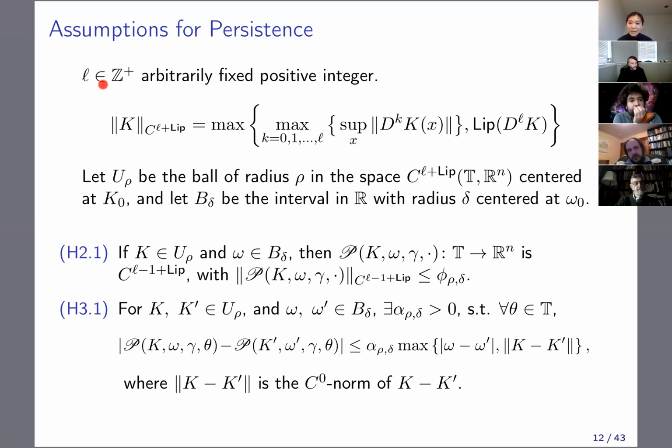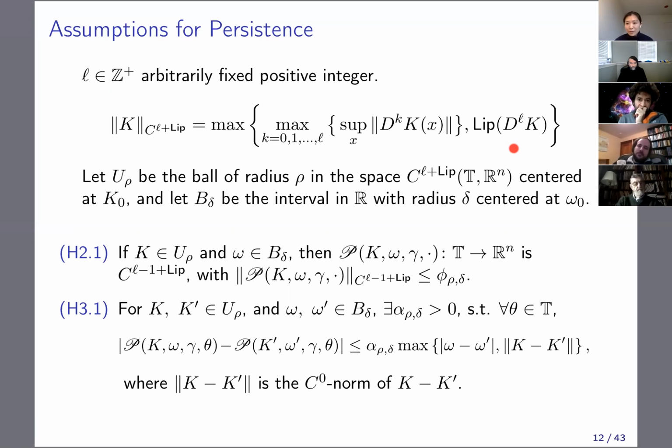The reason we consider this kind of space is that this space is closed under the C0 uniform norm. And we are going to define this C^L plus Lipschitz norm by taking the maximum of the sup norms of the derivatives and also the Lipschitz constant of the L-th derivative.